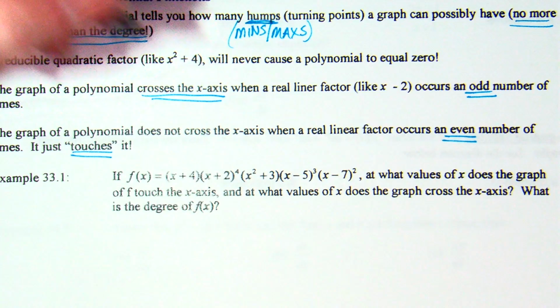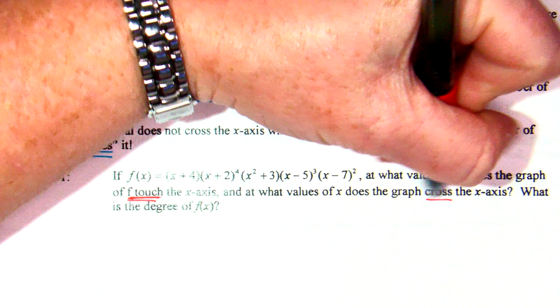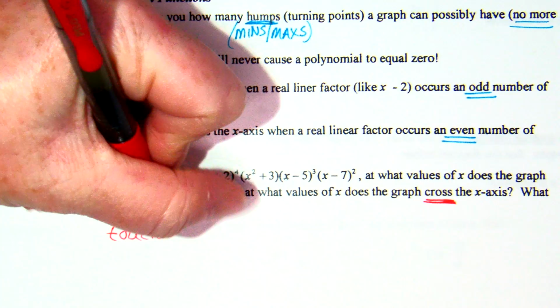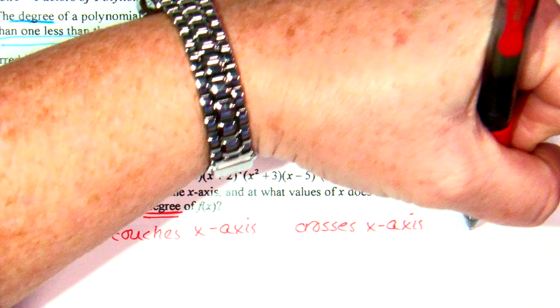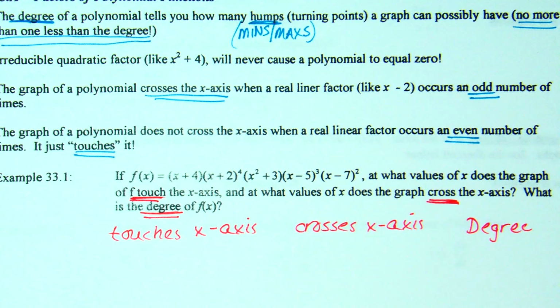Touch, cross, and degree. So we want to know where it touches the x-axis, crosses the x-axis, and we want to know the degree. Any thoughts here?